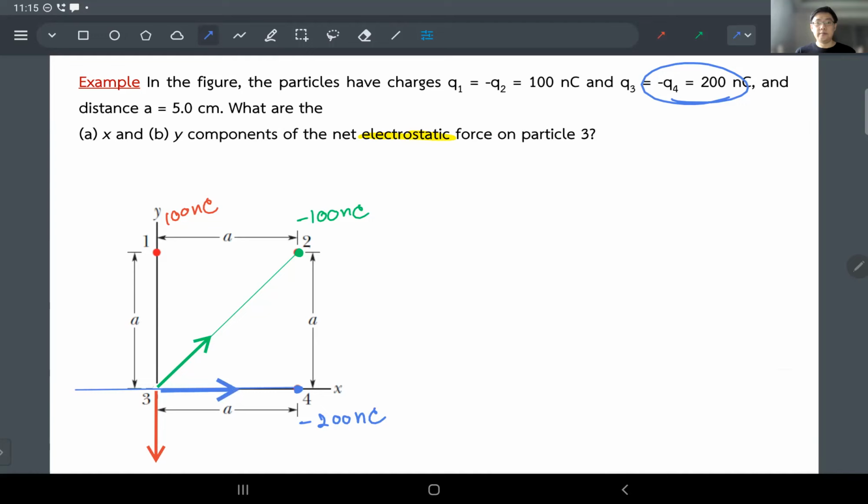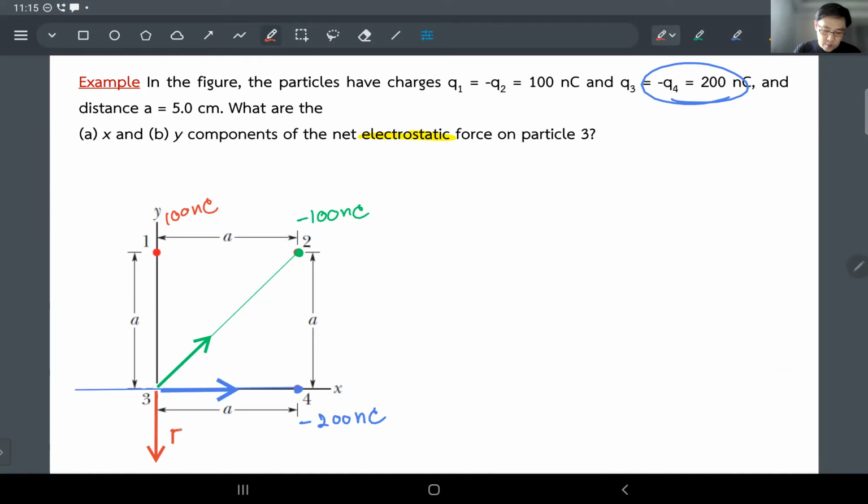Cool. So that's it, guys. These are the 3 electric field vectors that you need to sum up. Once you complete the summation process, that will be your net electric field at point 3. So let's start with the red. Let me name that one E1.